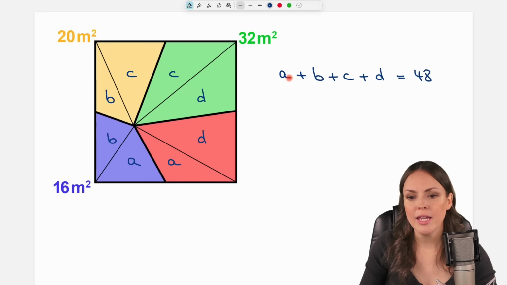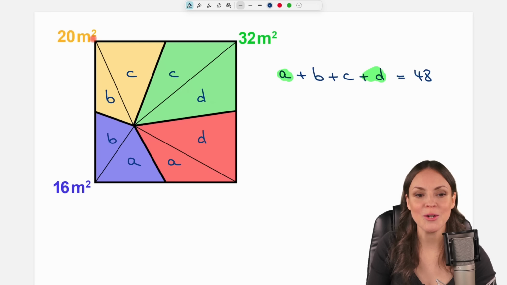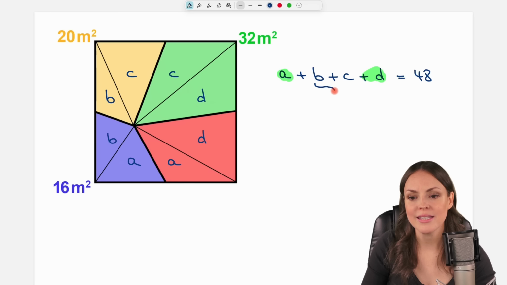So A, B, C, and D together are of size 48. We are only interested in A plus D, so only A plus D is what we need. But the great thing is that we have B plus C here, so we know this yellow area is of size 20. So B plus C is 20.